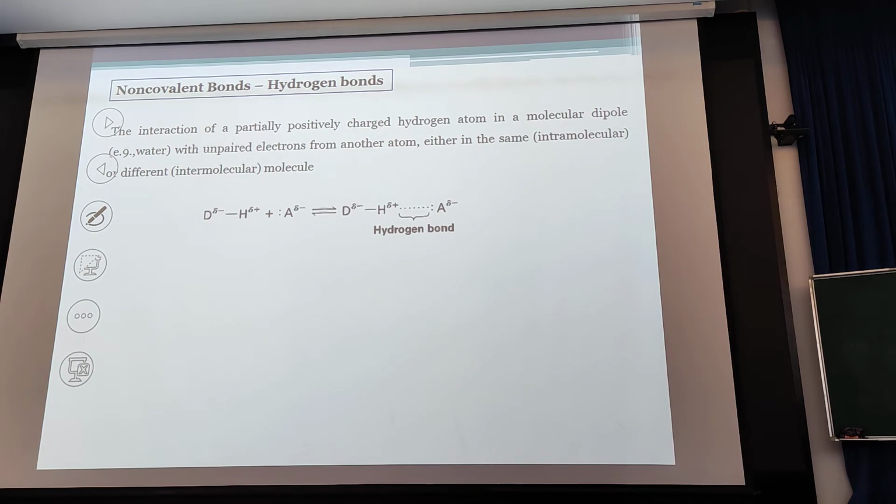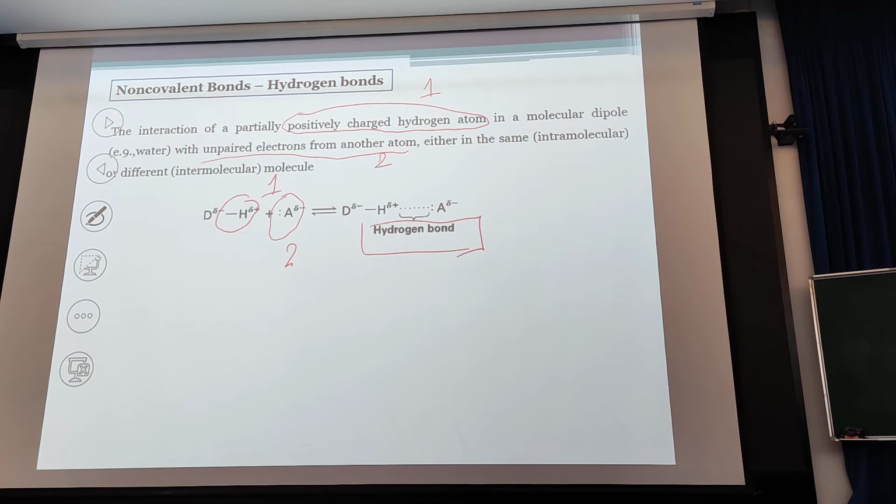Hydrogen bonds are interactions of the partial positive charge of a hydrogen atom with an unpaired electron from another atom.